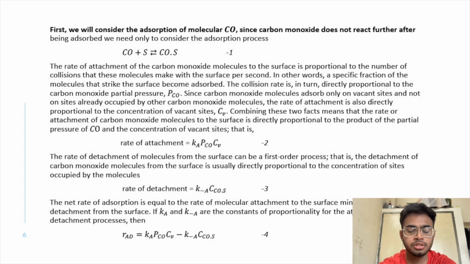So the expression becomes K subscript minus A dot C, concentration of carbon monoxide on the surface, and the total overall rate of adsorption we can obtain by adding the equation 2 and 3, where the final expression becomes rate of adsorption is equal to Ka into partial pressure of carbon monoxide into concentration of vacant site minus rate constant of detachment of A into concentration of carbon monoxide on the surface.